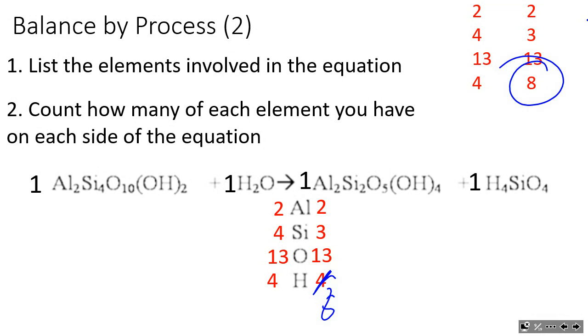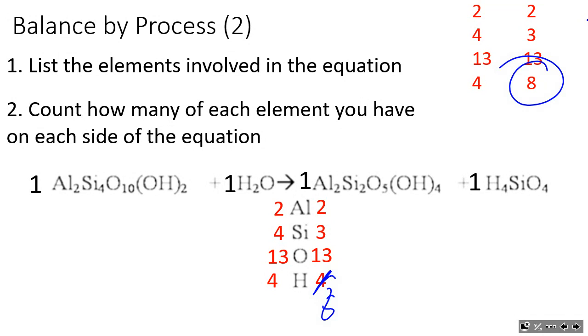Everybody good with what I have done so far? Okay. Next step is to start balancing one element at a time. I didn't write this trick in. This is not a rule, it's just a trick that'll work most of the time.